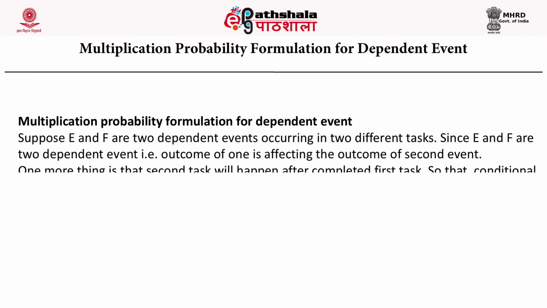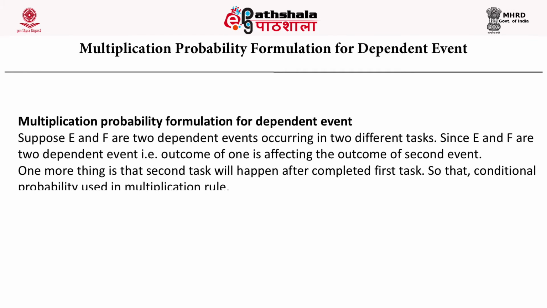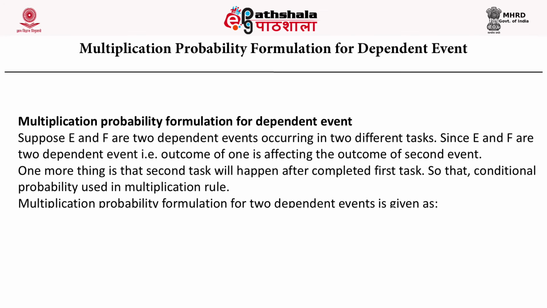For the multiplication probability formulation for dependent events, we suppose two dependent events occurring in two different tasks. E and F are two dependent events, that is, the outcome of one affects the outcome of the second. The second event will happen after completing the first task, so the conditional probability concept is used in the multiplication rule.